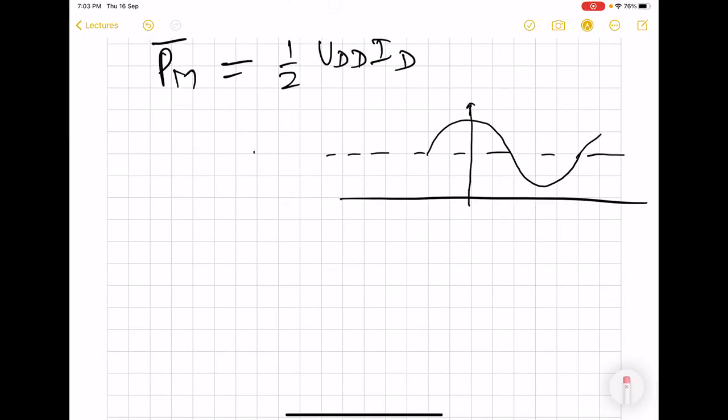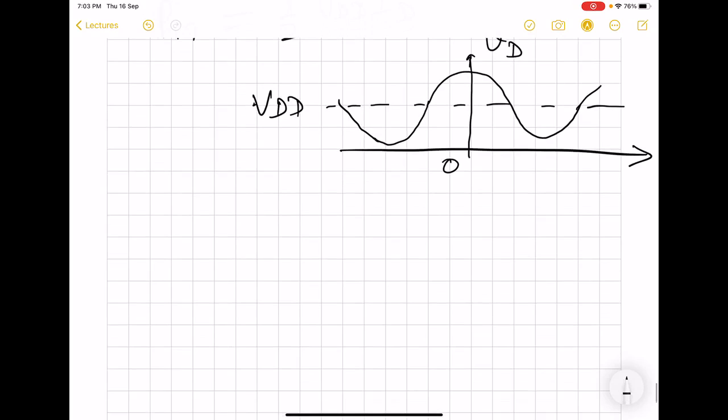In fact, it will be better to see the drain voltage and the drain current. So this is the drain voltage, and similarly we have drain current, because instantaneous power is actually the product of these two waveforms.